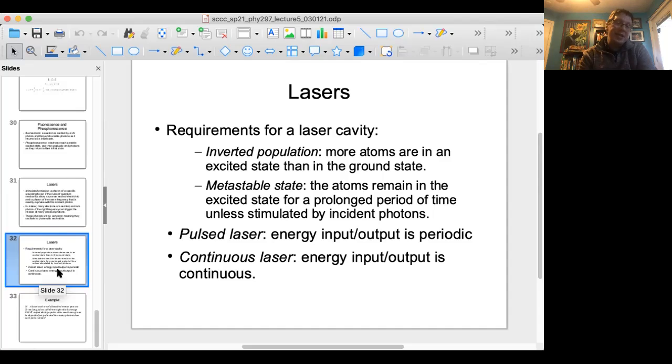Whereas a continuous laser typically has smaller power per instant of time, but it's continuous. So it might have more total energy than a pulsed laser, but less power over the time that the laser is active. So that was chapter 39.